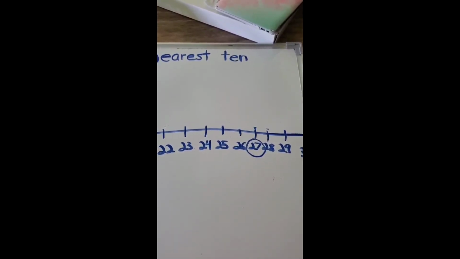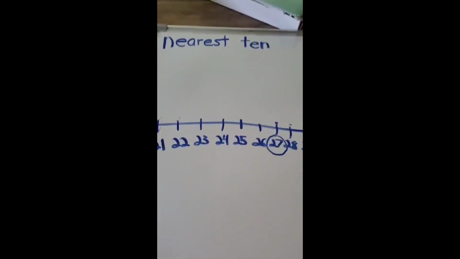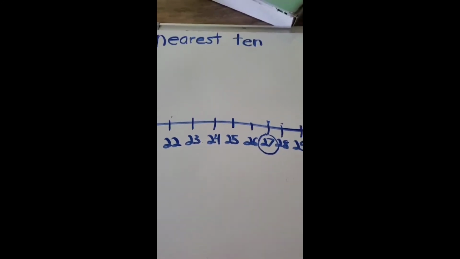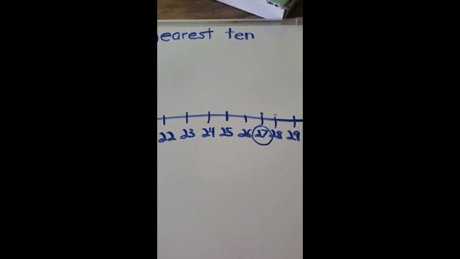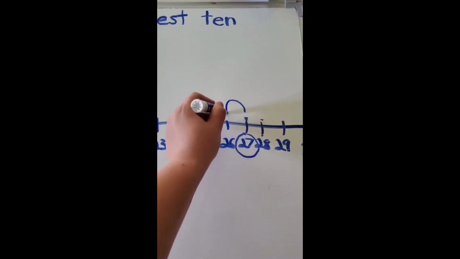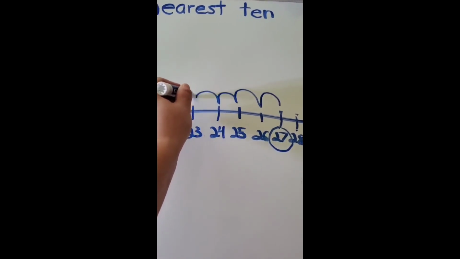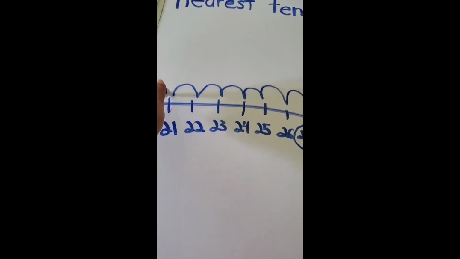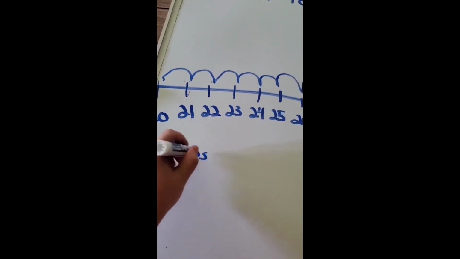All right, so now that you've done that, let's see which one it's closer to. I'm going to count back to 20. I'm going to see if it's closer to 20 first. So let's count the hops. Ready? 1, 2, 3, 4, 5, 6, 7. 7 hops to 20. Now let's see if it's closer to 30.